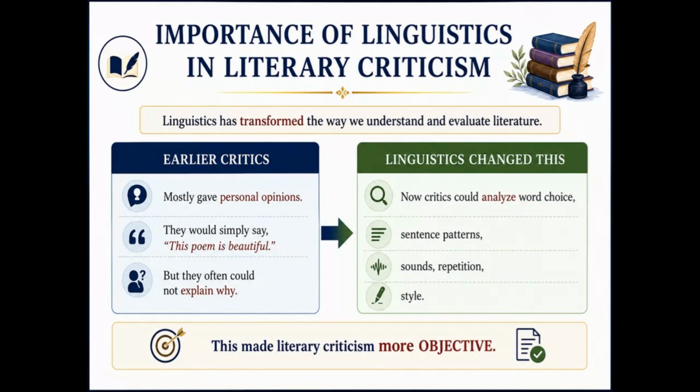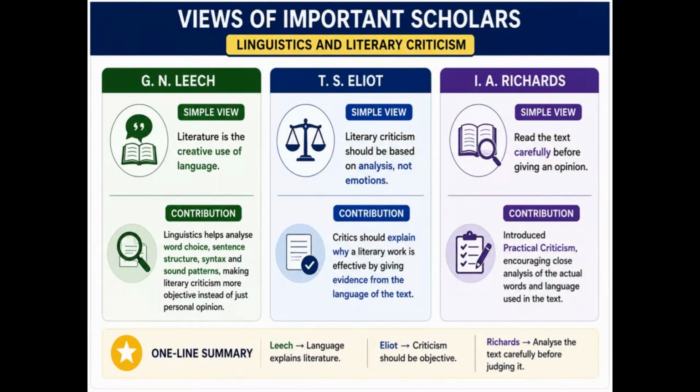This made literary criticism more objective. Many critics gave many views. Like G.N. Leech says, literature is the creative use of language. Linguistics helps explain how that creativity works. G.N. Leech also emphasized objectivity in literary criticism.